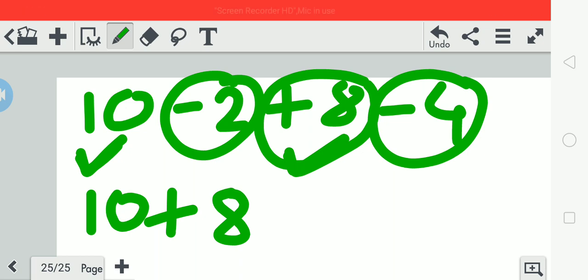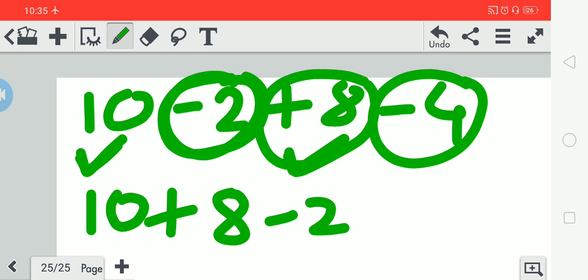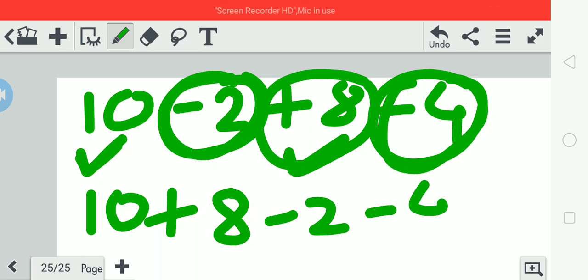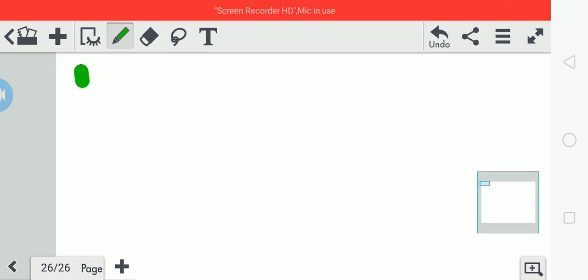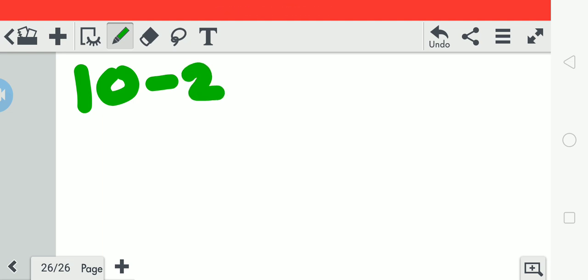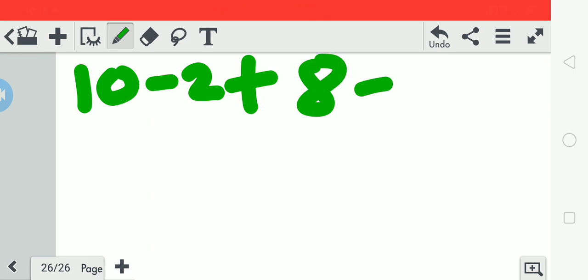Now write the negative numbers: minus 2 and minus 4. I write the example again. Our numbers were 10 minus 2 plus 8 minus 4. We make groups.